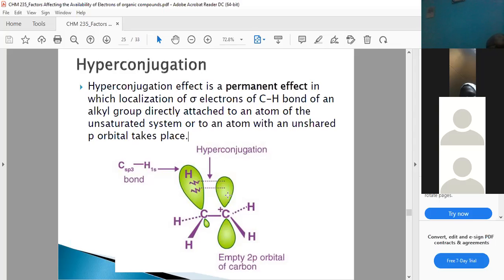Now, the delocalization of the sigma electrons into that p orbital is what we refer to as hyperconjugation. So hyperconjugation can only be found in alkyl groups.